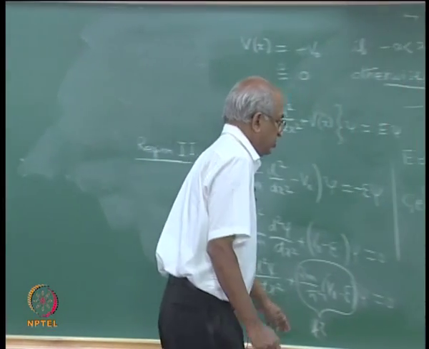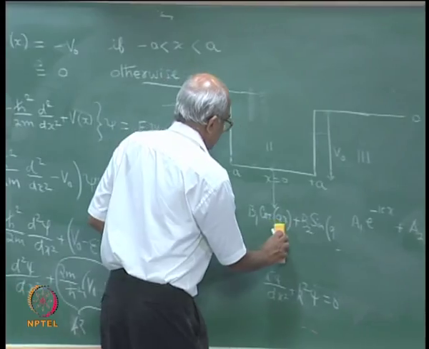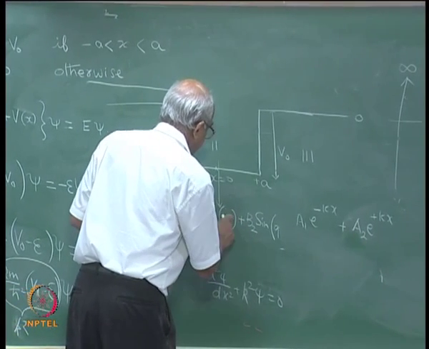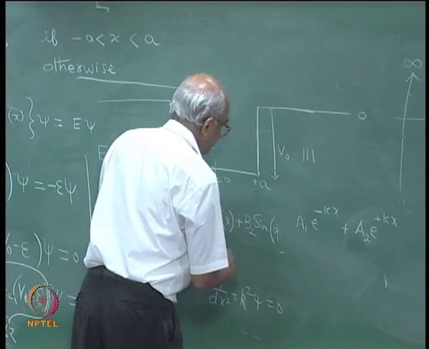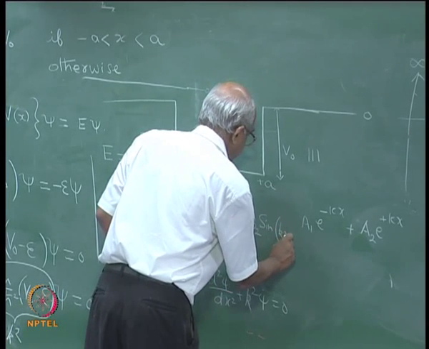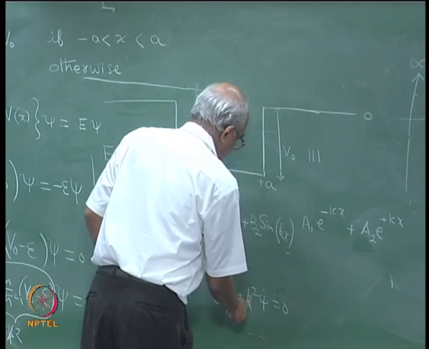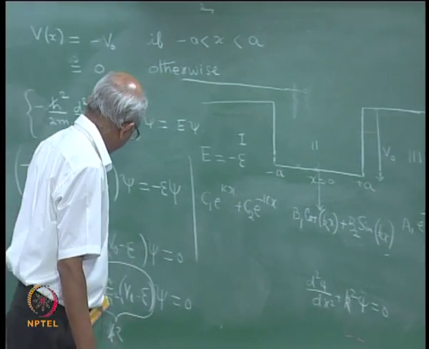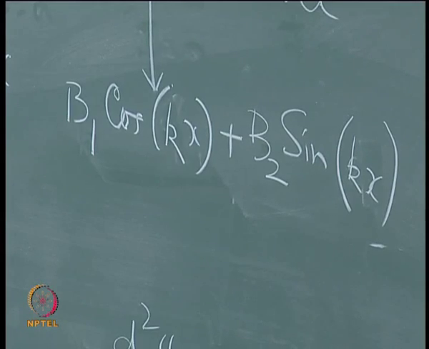And naturally, the solution will be b 1 cos k x and b 2 sin k x, where k square is defined to be equal to 2 m by h cross square into V 0 minus epsilon.